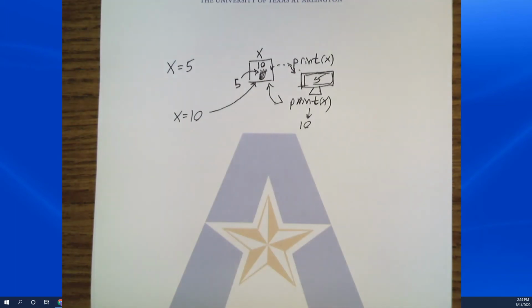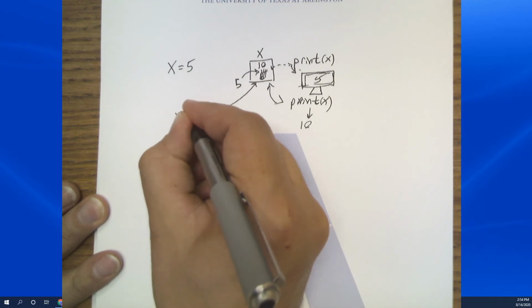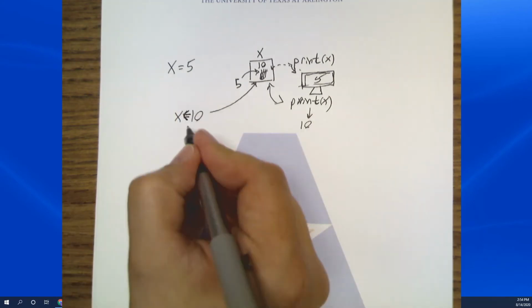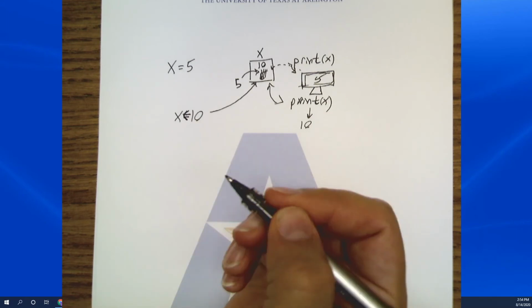The box remains unchanged the entire time, but its contents become updated every time there's a new assignment. So the equal sign isn't like the equal sign in math, where it's demanding that both sides of the equation are always equal, or even asking if both sides of the equation are equal. It's sort of an arrow pointing this way, saying store this value into the variable on the left.